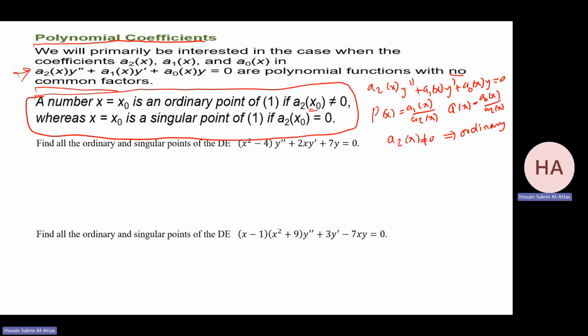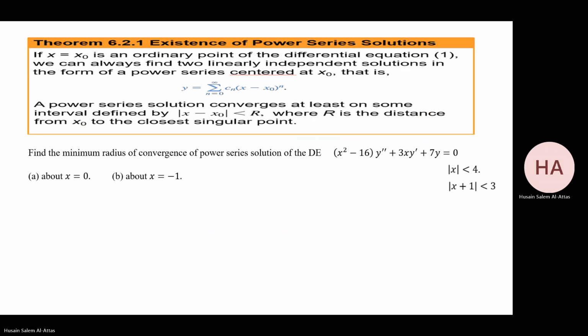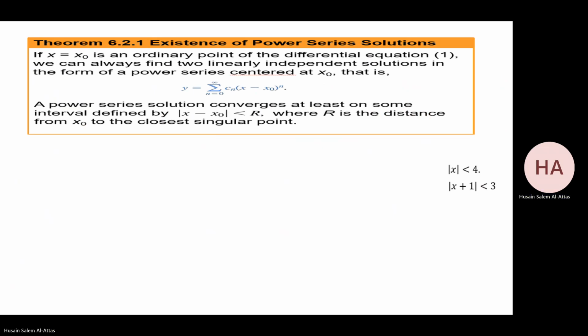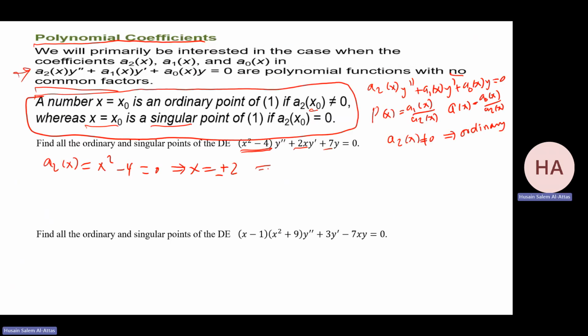If a2 at x0 is equal to 0, we call x equal x0 a singular point. So in this case, I care only about a2 of x. When this is equal to 0, I have x equal plus or minus 2.